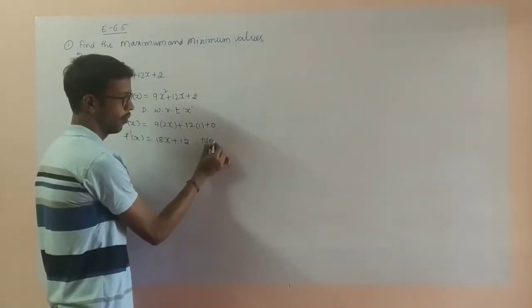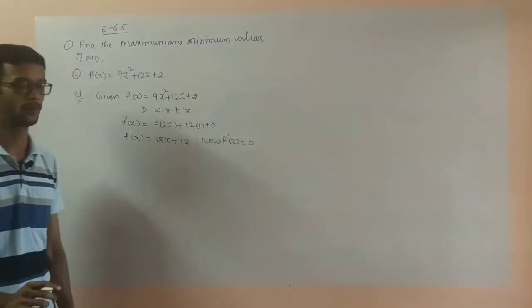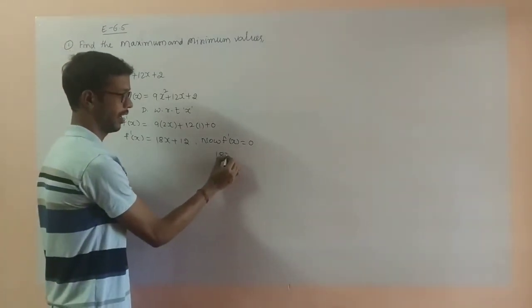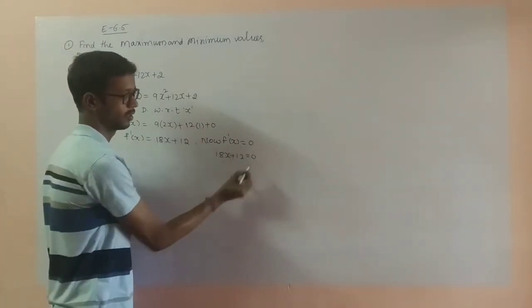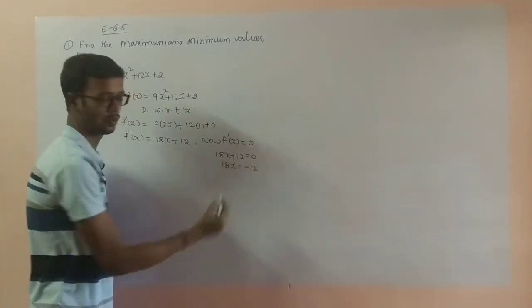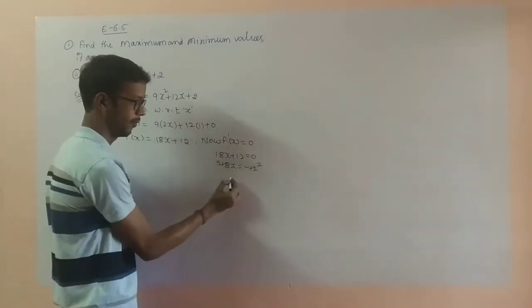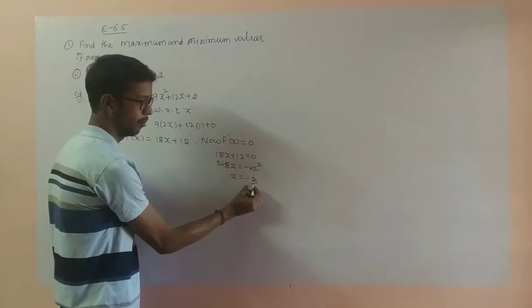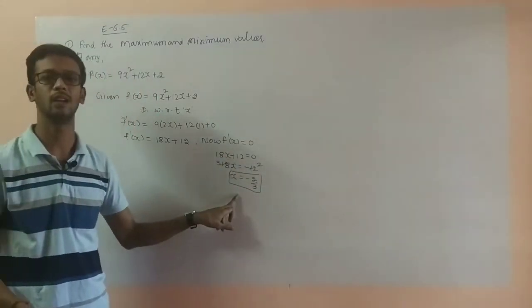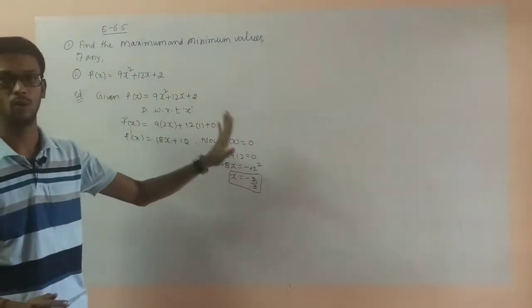Now f dash of x is equal to 0. That is nothing but 18x plus 12 is equal to 0. 18x is equal to minus 12. x is equal to minus 2 by 3. This is a critical point. So the first step is completed.